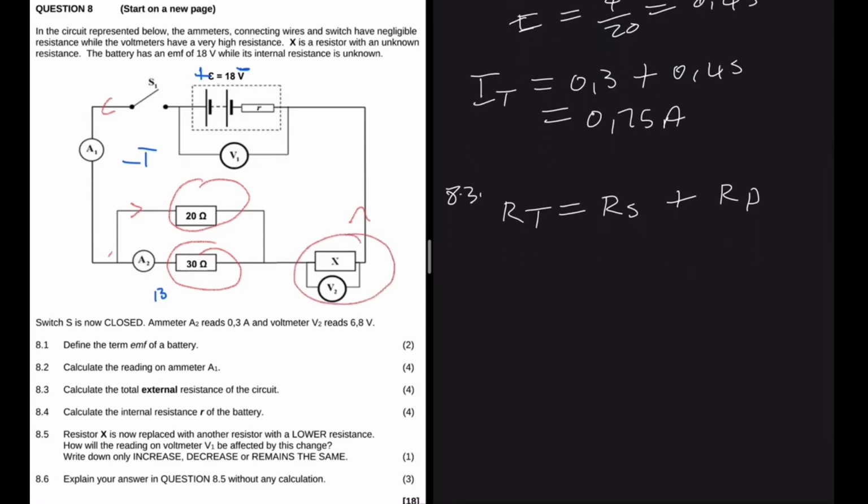So let's start with the resistors in parallel. Rp is equal to R1 multiplied by R2 divided by R1 plus R2. This formula works. You can also do it using 1 divided by Rp equals 1 divided by R1 plus 1 divided by R2 and so on. That formula will perfectly work.